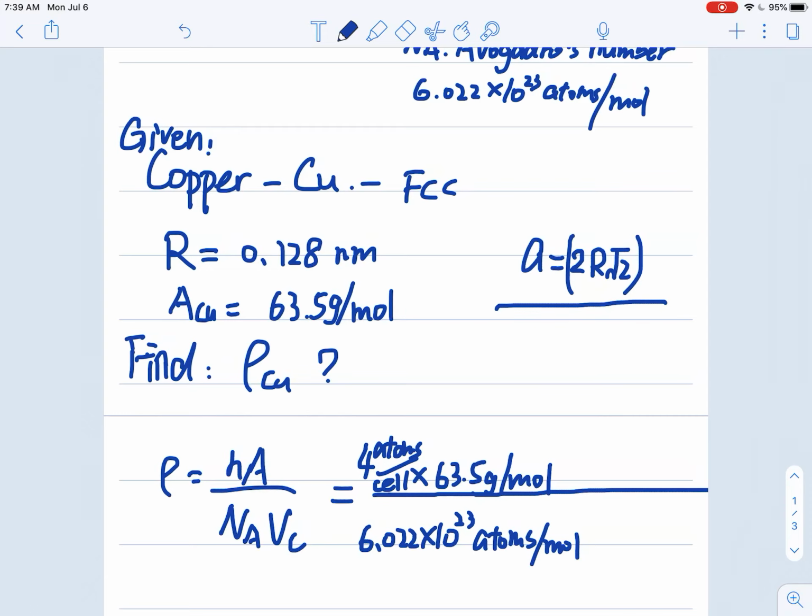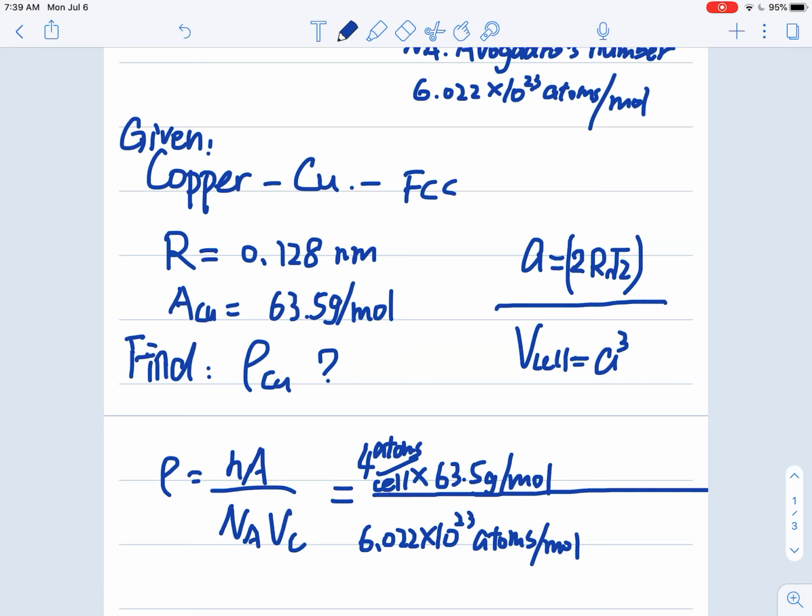So this is the relationship between a and R. And we know the volume of the unit cell is going to be a cubed.